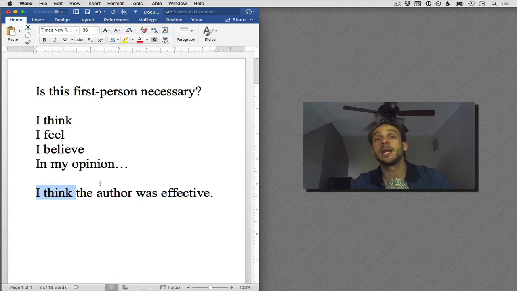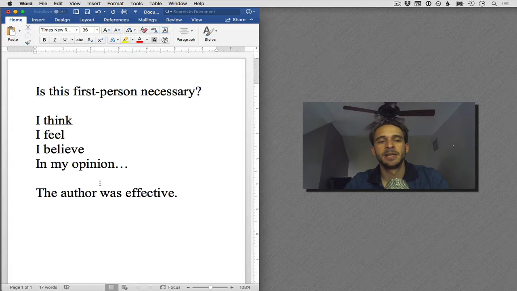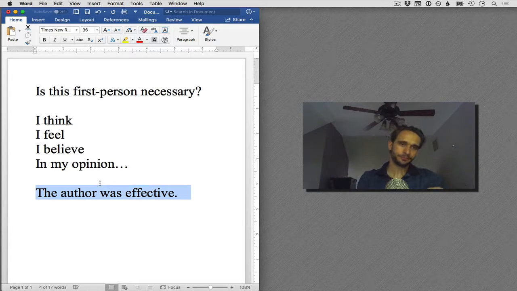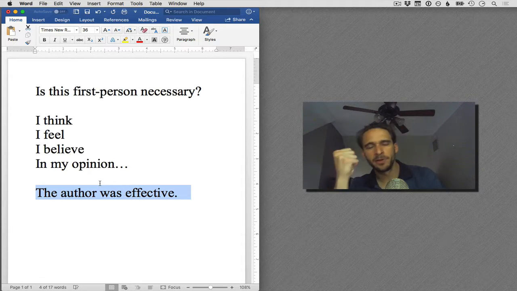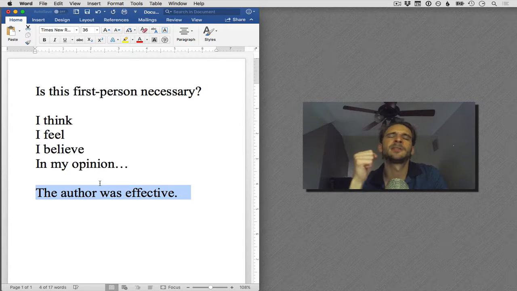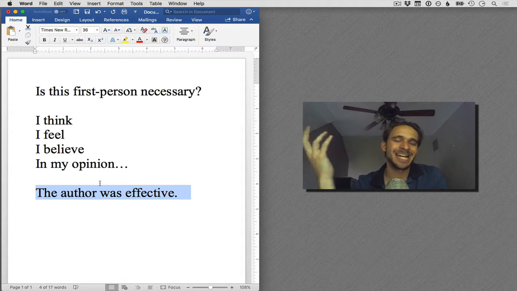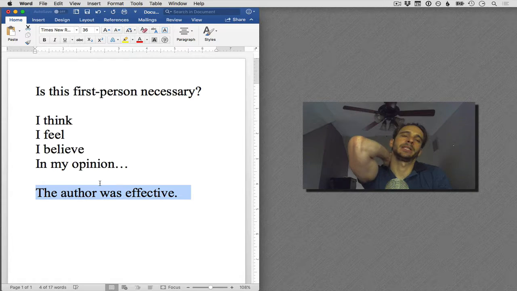Nobody can disagree with the fact that you think this. But what's important here is not the fact that you think this, but the concept, the idea itself, that the author was effective. This is what is debatable. This is what can be argued. This is what you should focus on, not the I think and the I feel and the I believes.